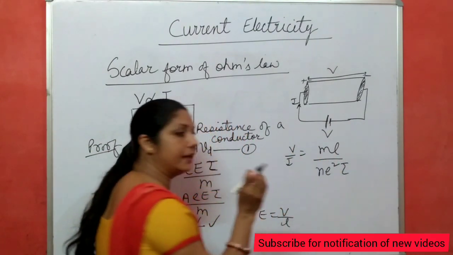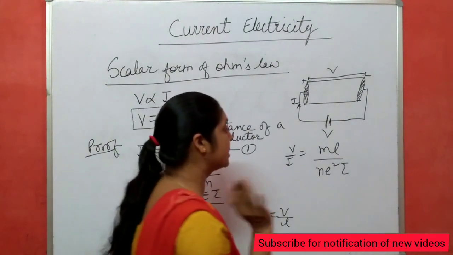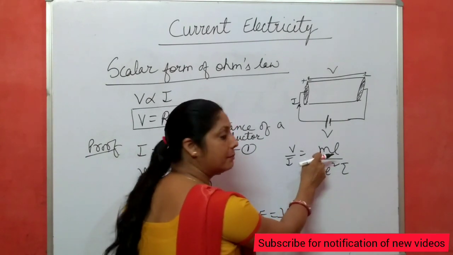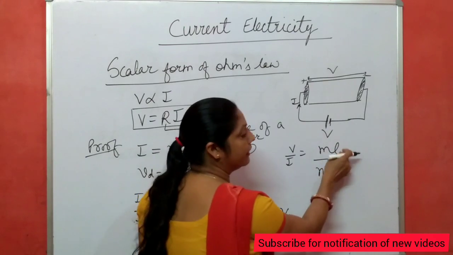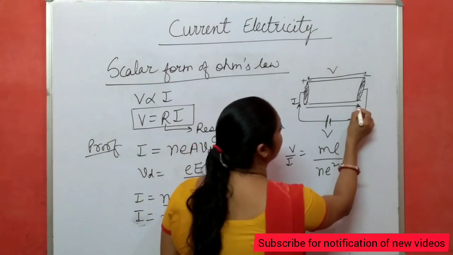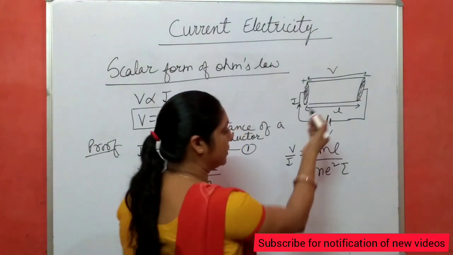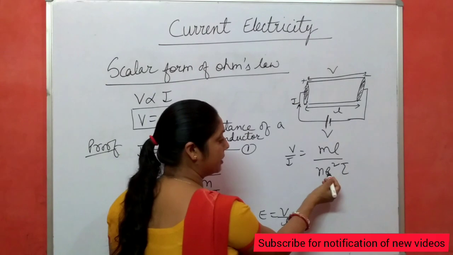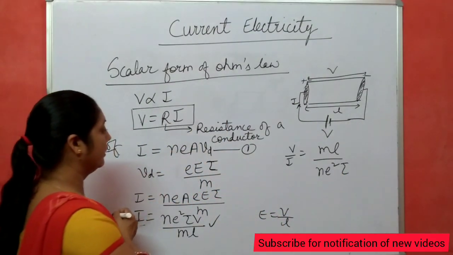And when physical conditions, humidity, temperature, everything is constant for a particular conductor, the mass M of the electron is constant, L is the length of the conductor, which is also constant when there is no temperature change. Then N is the number density, E is the charge of the electron, tau is the relaxation time.